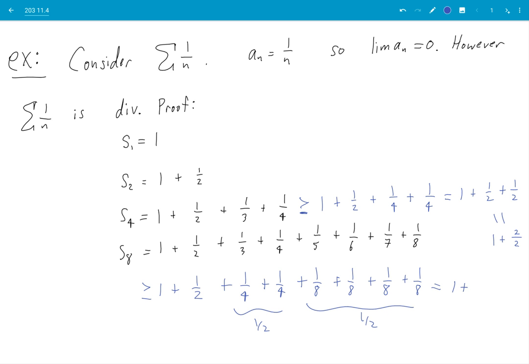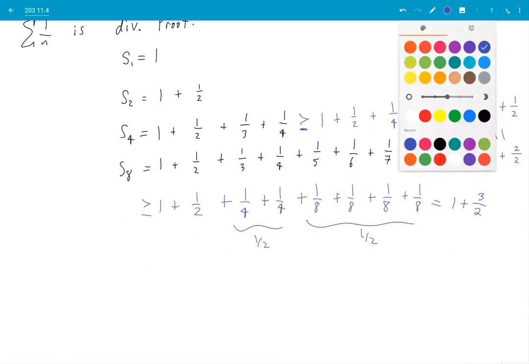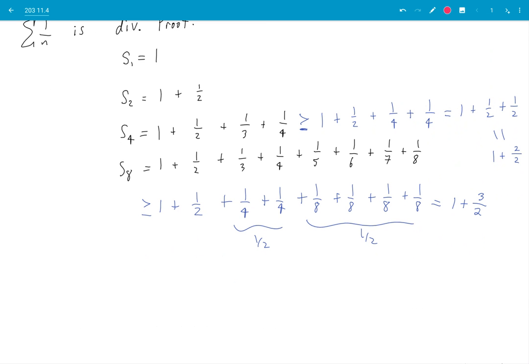So I get 1 plus 3 over 2. Now look at the pattern that's emerging. S2 is 1 plus 1 over 2. S4 is 1 plus 2 over 2. S8 is 1 plus 3 over 2.